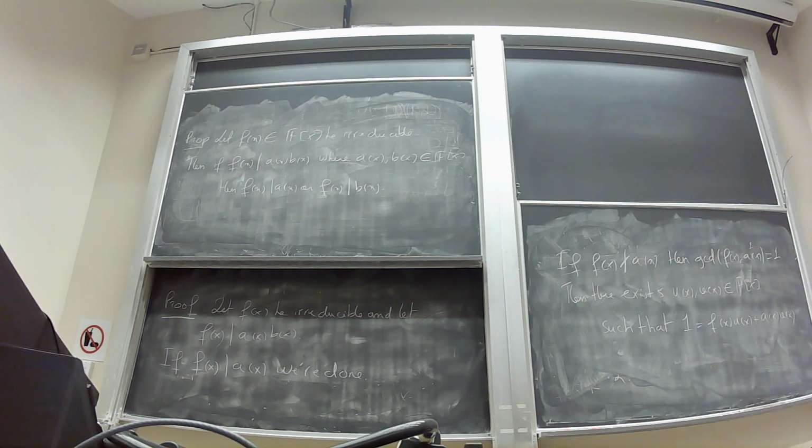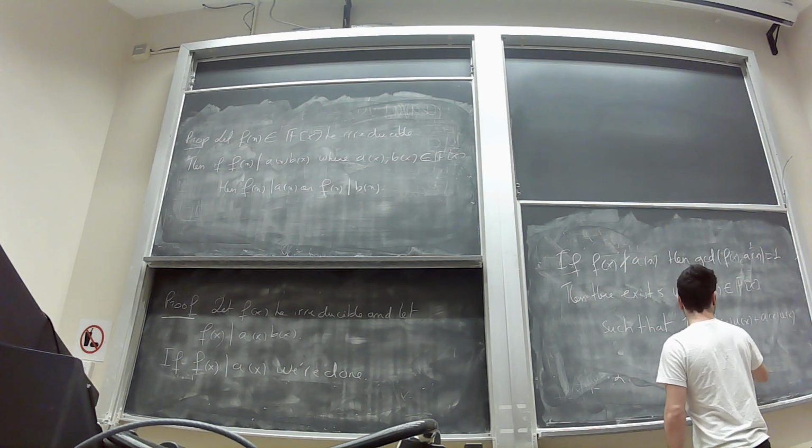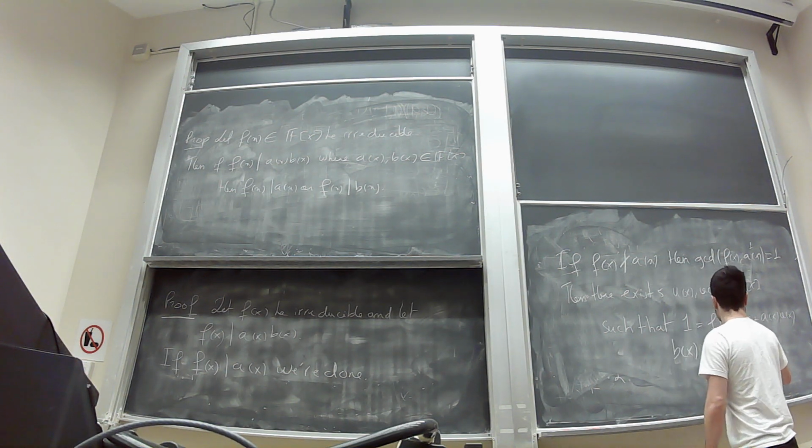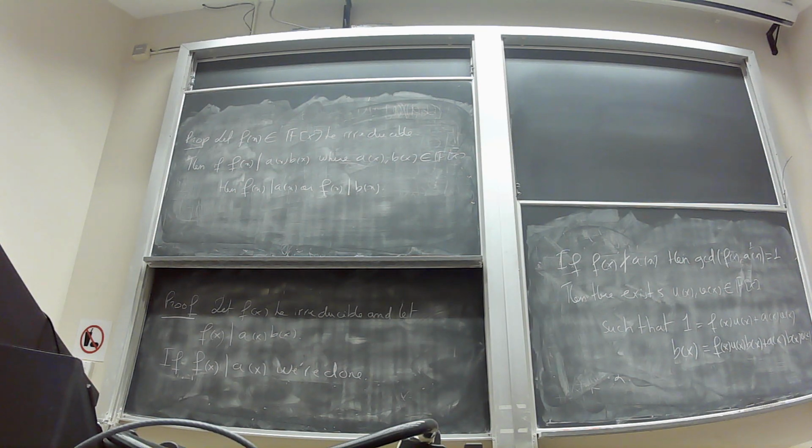Now what can I do? I multiply both sides by what? b(x). The same proof as for prime numbers, right? Let's multiply both sides by b(x). Okay. Great. Now how do I prove that f(x) divides b(x)?